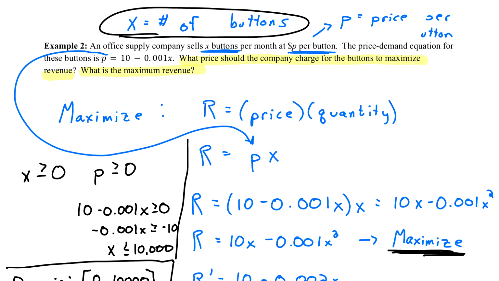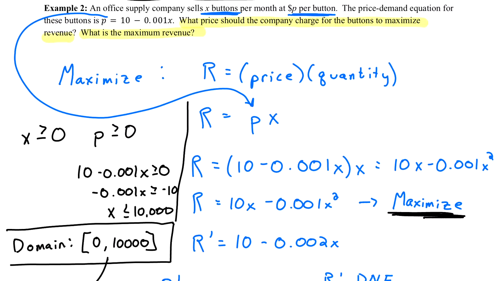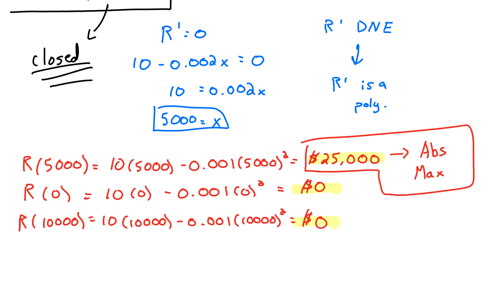Well, the maximum revenue, we actually already have that answer. We plugged 5,000 into our revenue function, and this is $25,000. So it's not just an absolute maximum, it's an absolute maximum revenue. That's awesome. We've got part of our answer right there.